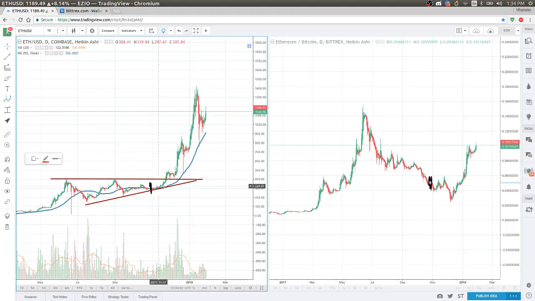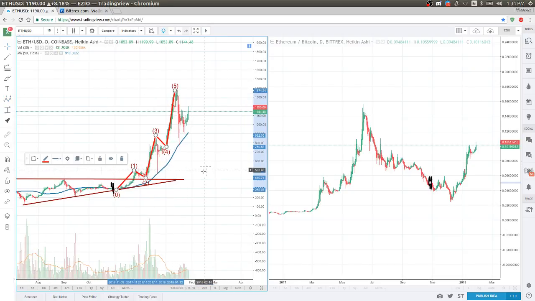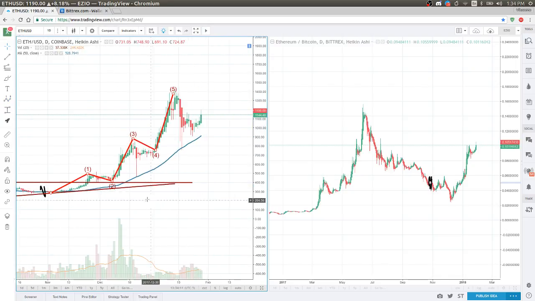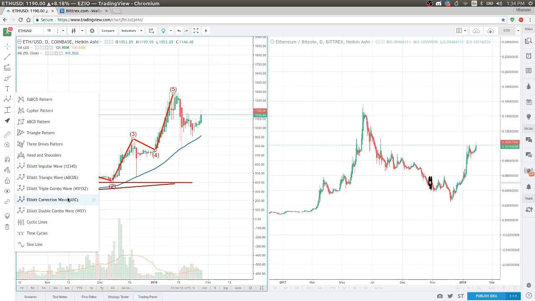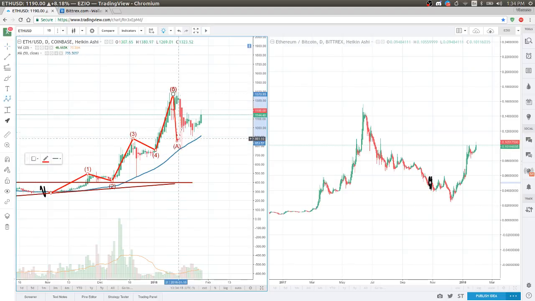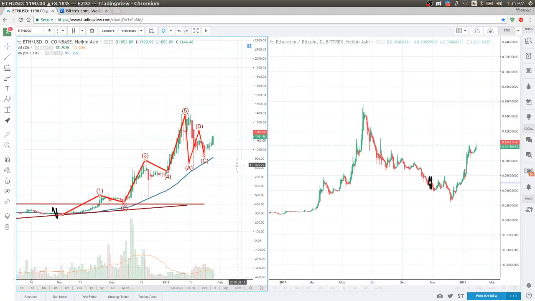Then he made a nice Elliott wave pattern, and now he's doing it. He finished an ABC correction, right? ABC, and now we're going again, and yeah, we're pumping right now.